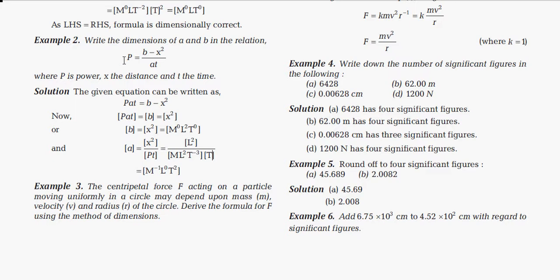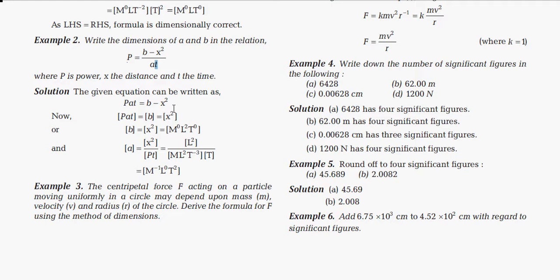Let's start with the question here. P is equal to b minus x square upon at. P is power, x is distance or displacement, and t is time. At gets multiplied here, so at last we get b minus x square. What is the advantage?